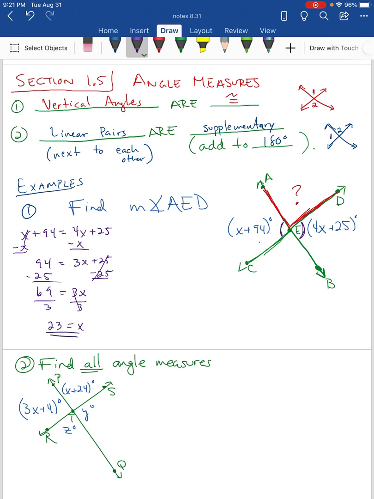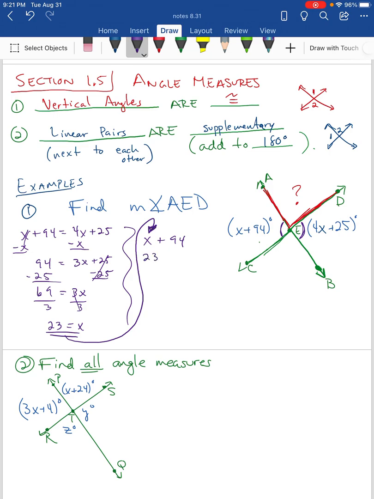Now this is not your final answer, but this is going to help you find the answer. I'm going to plug this x value into one of the expressions that I have for angles. The easiest one is x plus 94. I want to know what that angle measures, and all I have to do is plug in 23 wherever I see x.